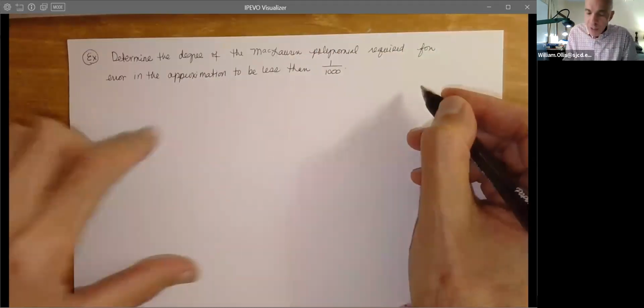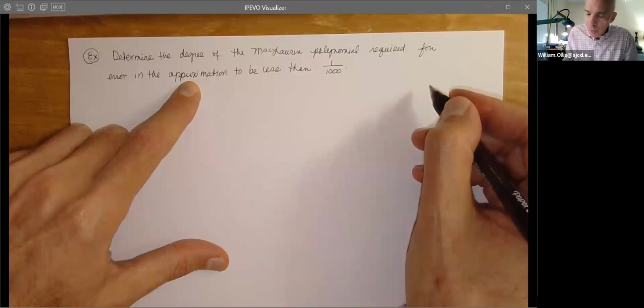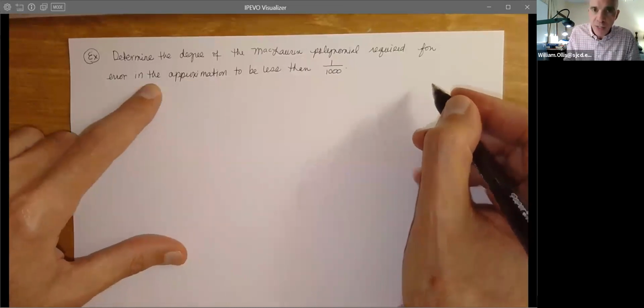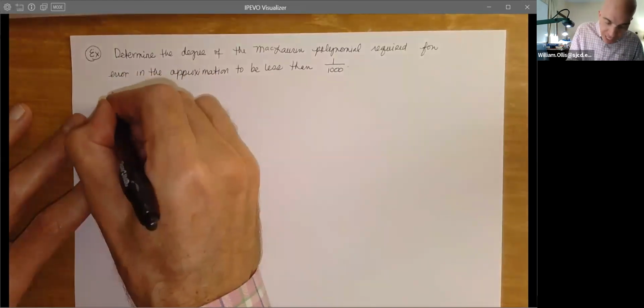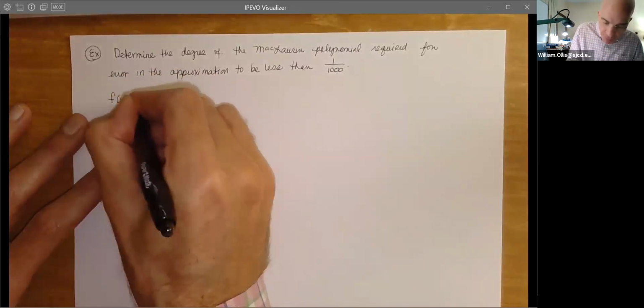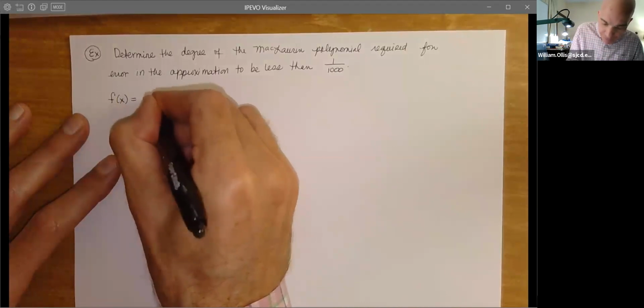So again, determine the degree of the Maclaurin polynomial required for the error in the approximation to be less than 1/1000. So here f of x will be our friend sine x.